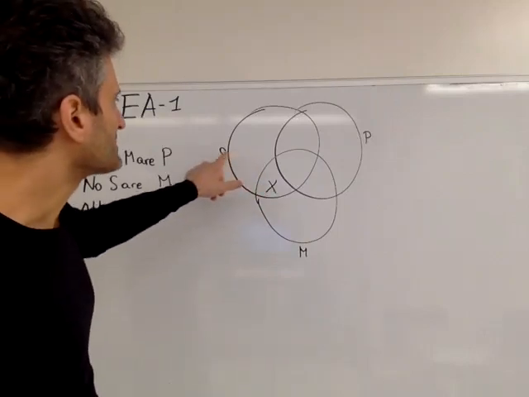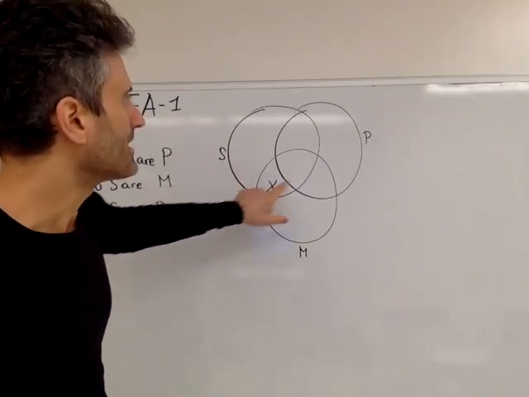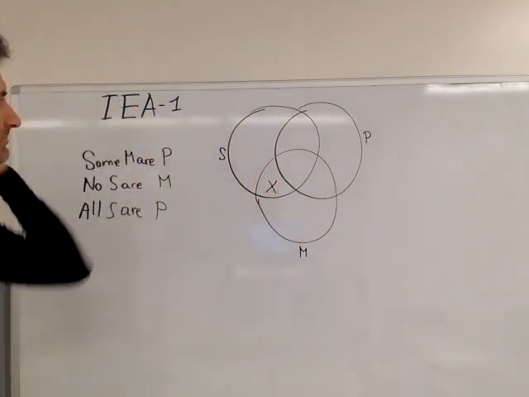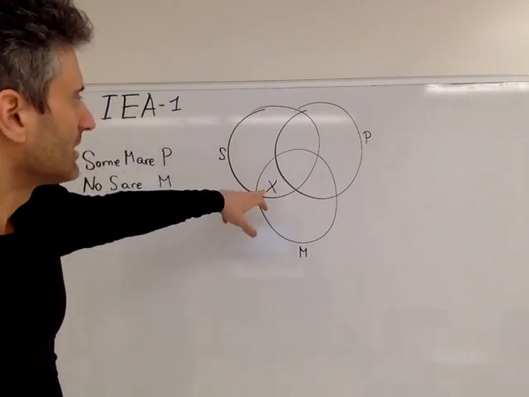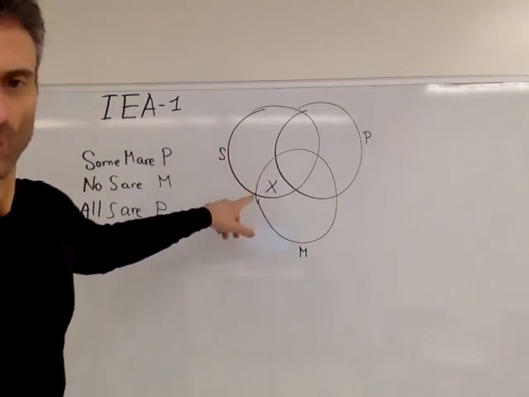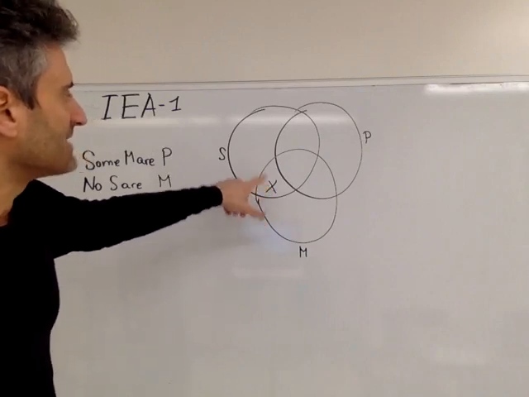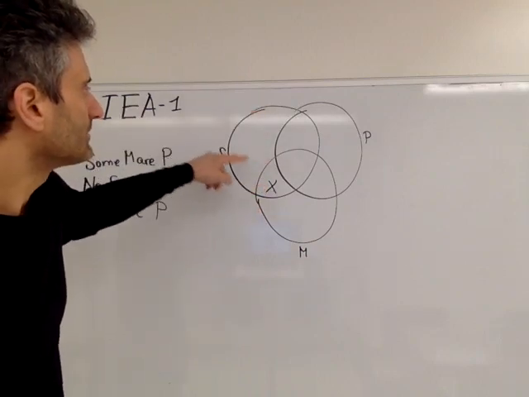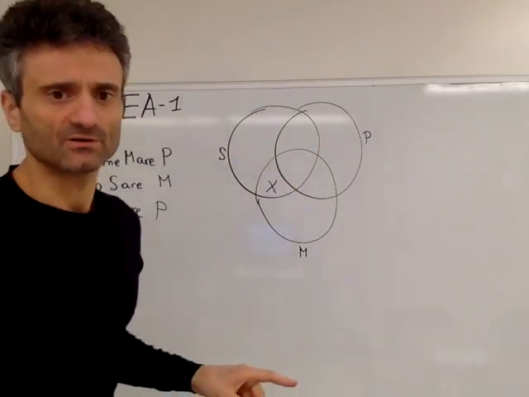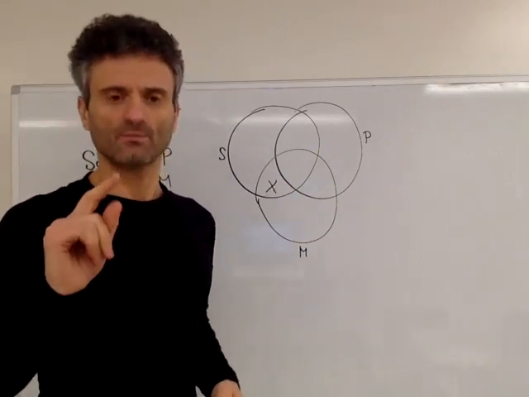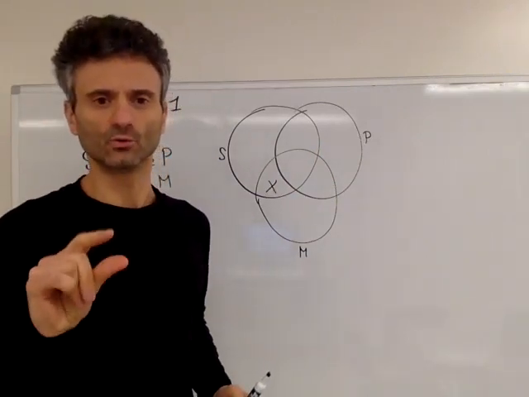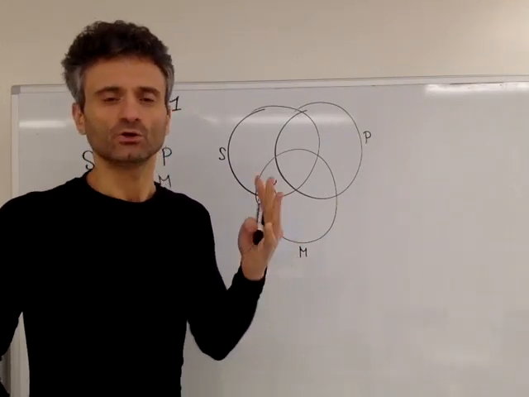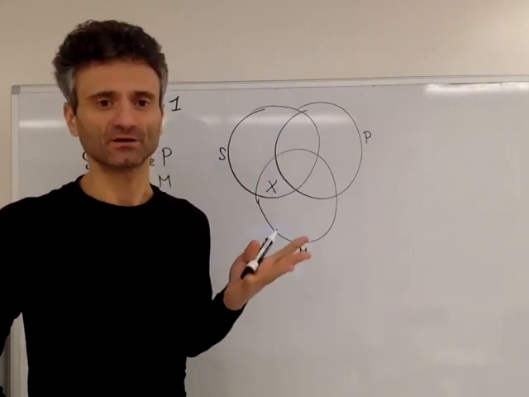I'm diagramming that some S are not P. You see? Some S are not P. I hope you see it. Because remember that the O form has an X inside area 1 of S. It doesn't matter whether it's here or there or there. So I'm diagramming something else. And the problem is that, remember what I said, you have to obey the rules dictated by the premises. So if the premise says something specific, you have to diagram specifically.